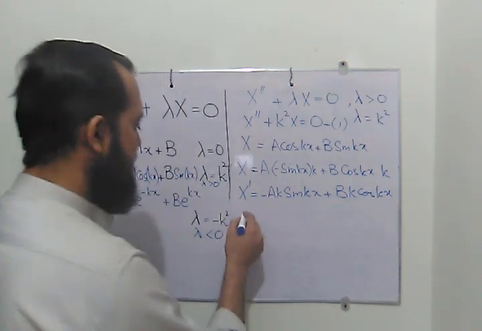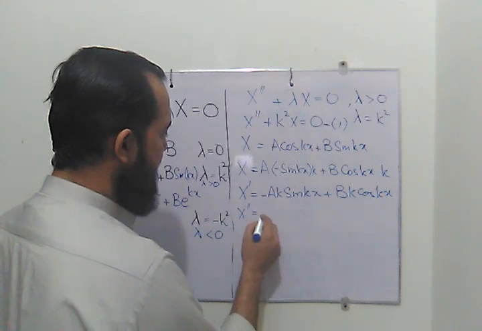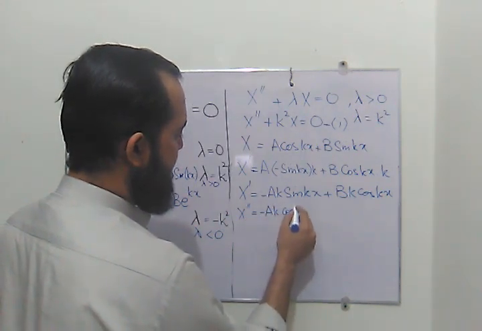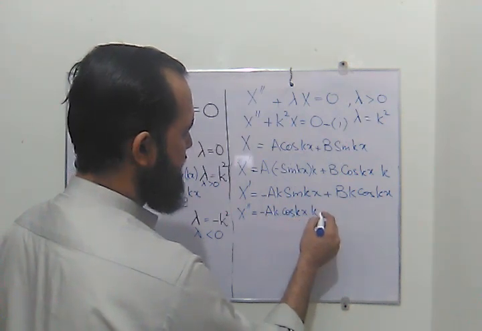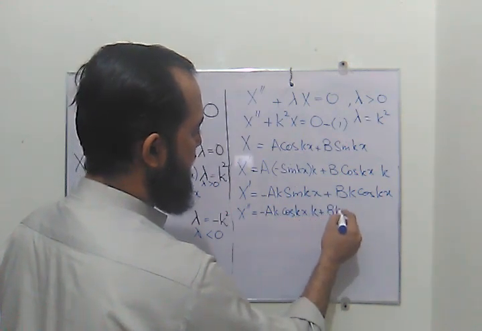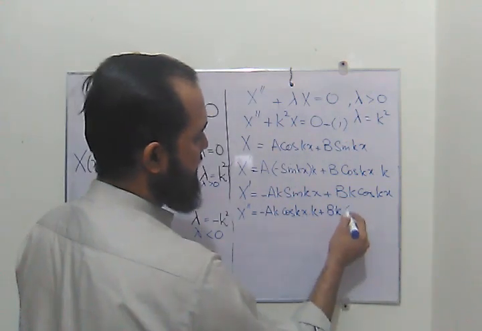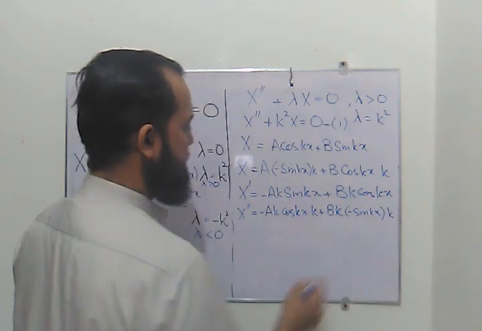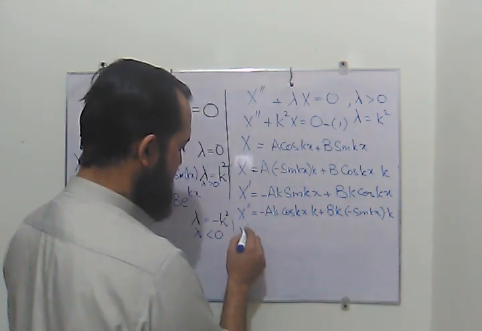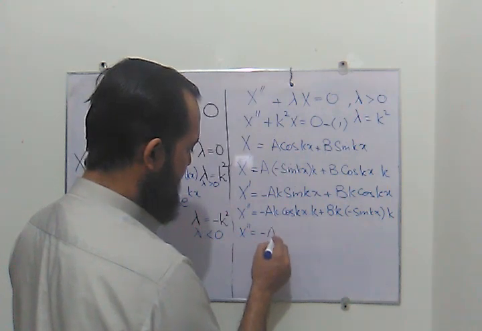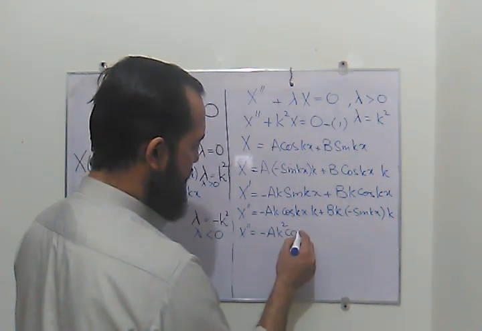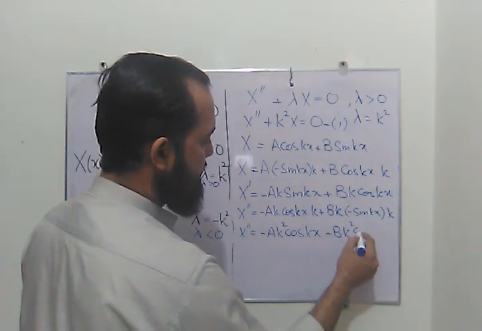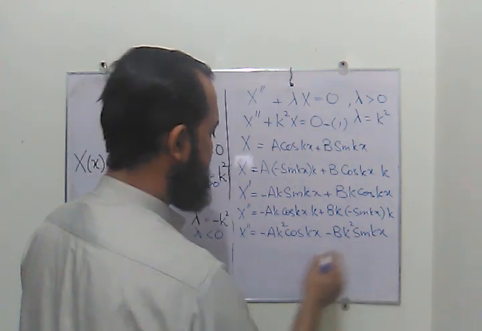Then we differentiate it again. We will get minus a k, sine has derivative cos kx into k, plus b k, cos has derivative minus sine into k. So the equation has taken the form minus a k square cos kx minus b k square sine kx.